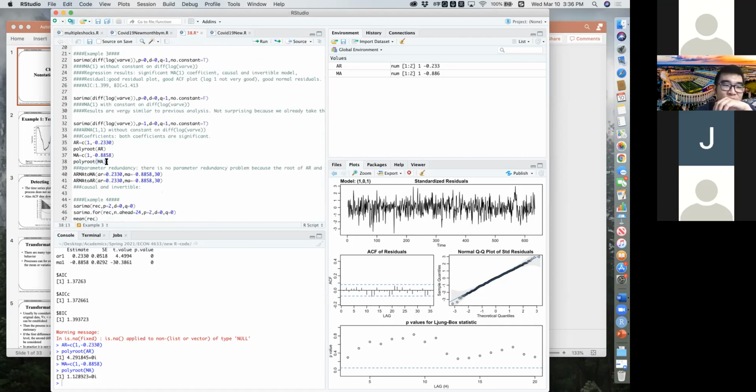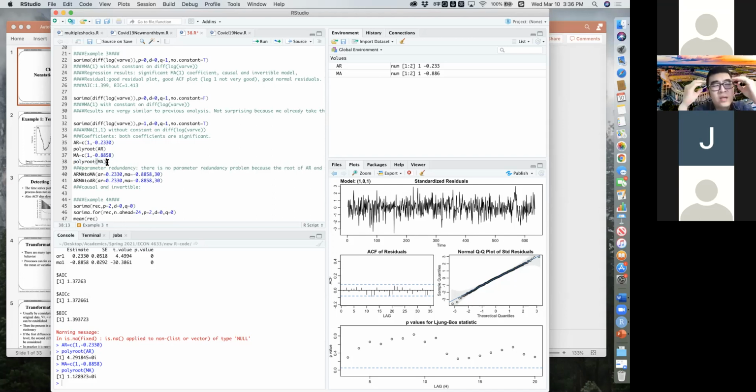If you find the polyroots in this code, putting in the AR part and the MA part, and you find the roots are larger than 1, then that is causal and invertible. But what I taught in class is that if the roots of the polynomials are less than 1, then we have a causal and invertible model.